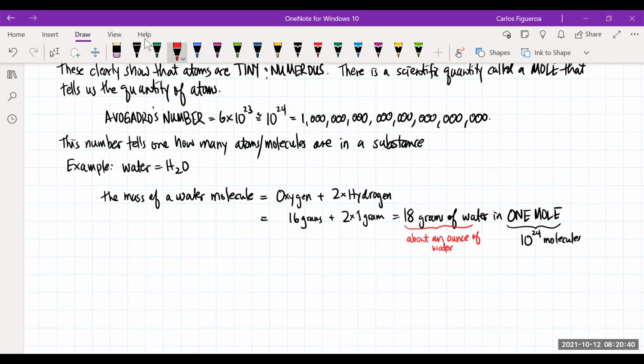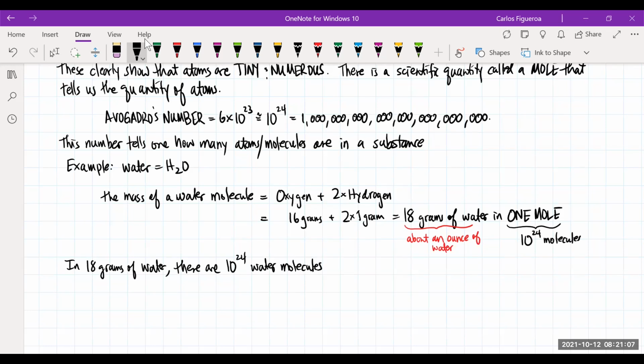And so here's the question here. In 18 grams of water, there are 10 to the 24 water molecules.